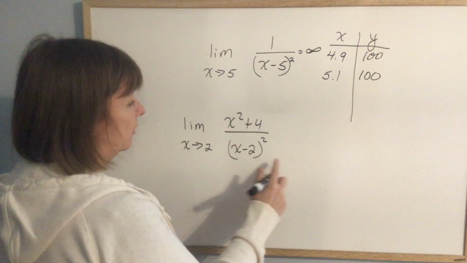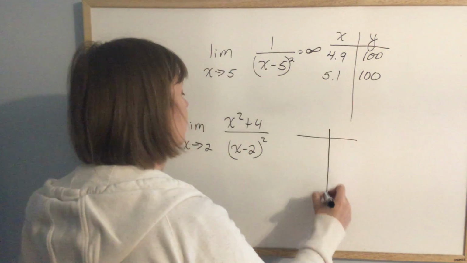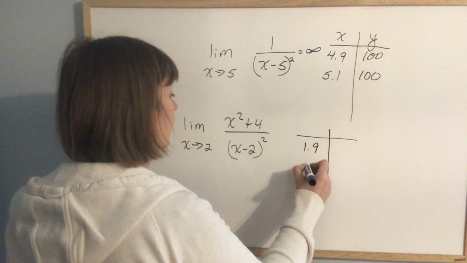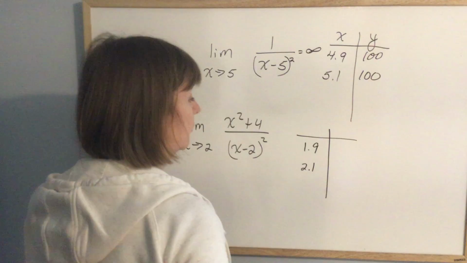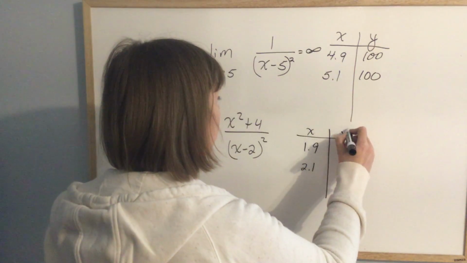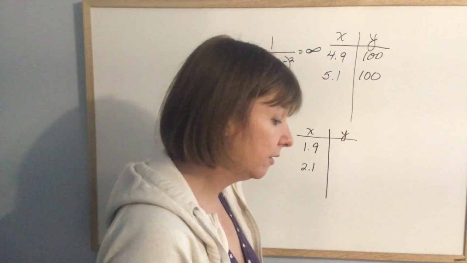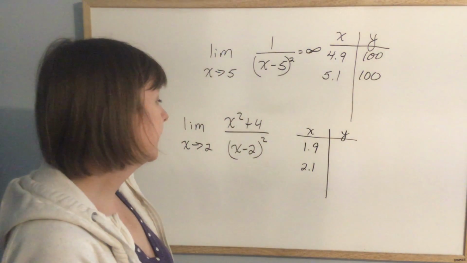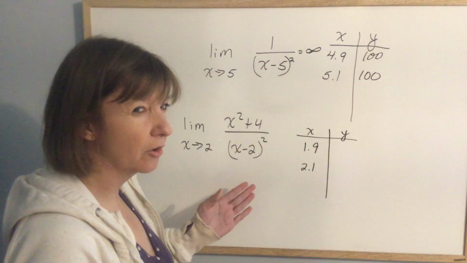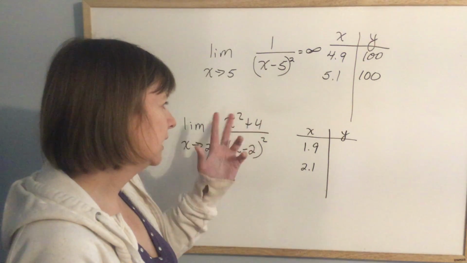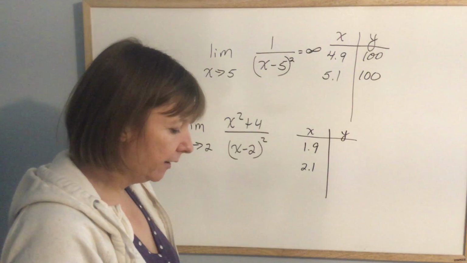So again, I can't use 2, but I could do 1.9 and I could do 2.1. This one's a little bit more complicated simply because I can't cancel anything here, and I've got this yucky thing on the top, but I can still do it.